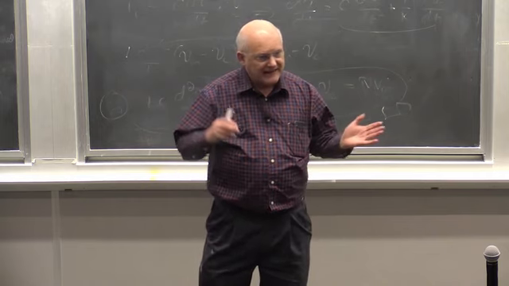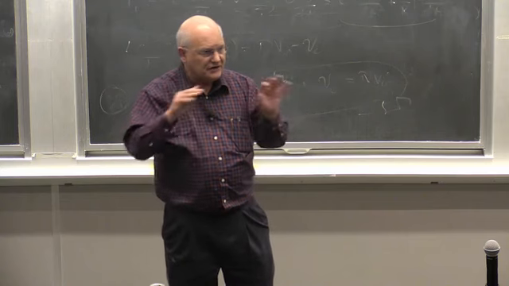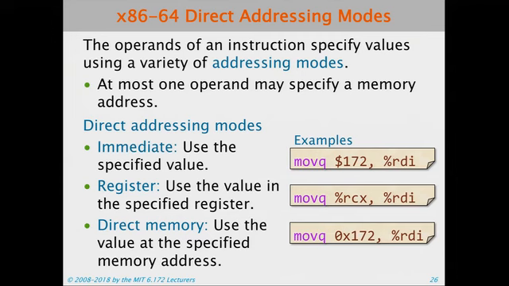Now the next aspect of this is that you can give registers, but you also can address memory. And there are 3 direct addressing modes and 3 indirect addressing modes. Okay. At most, one operand may specify a memory address. So here are the direct addressing modes.